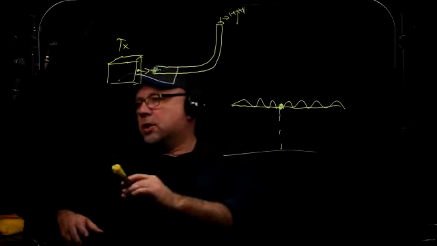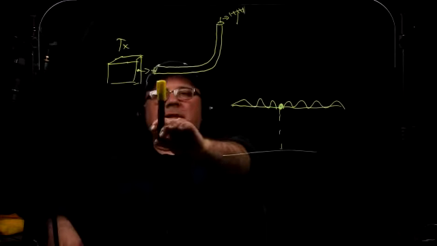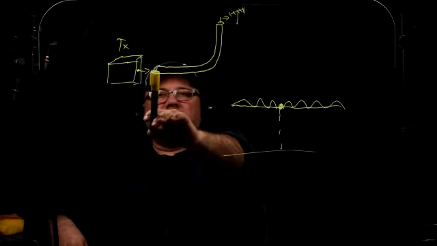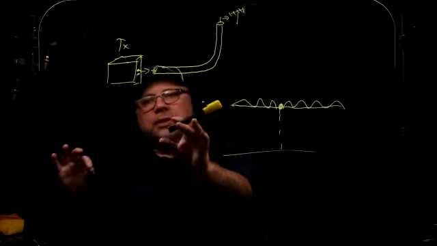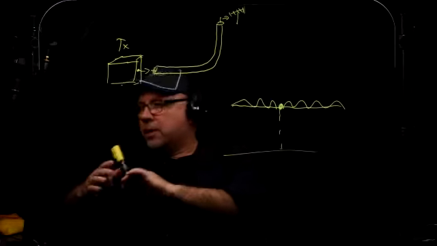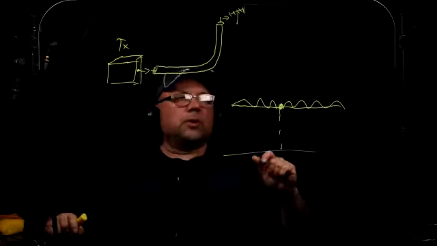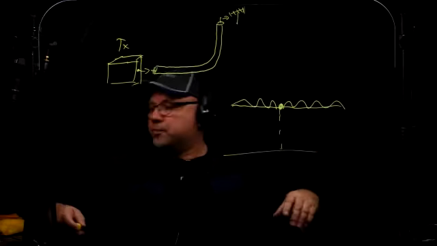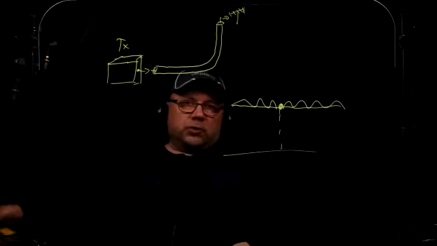So I'm going to ask you a question. Let's just back up a little bit. Remember when I showed you what a capacitor is? There are two metal plates separated by a dielectric.